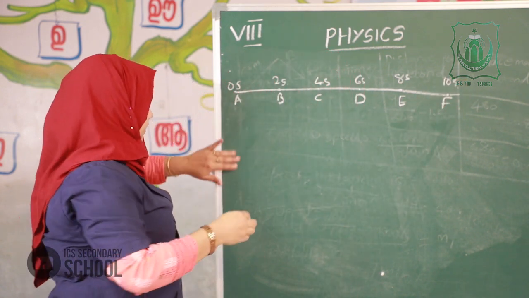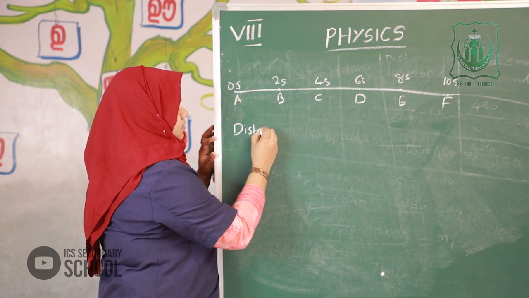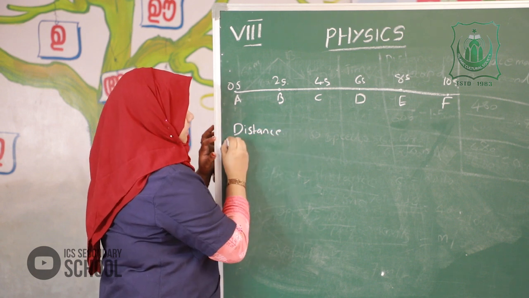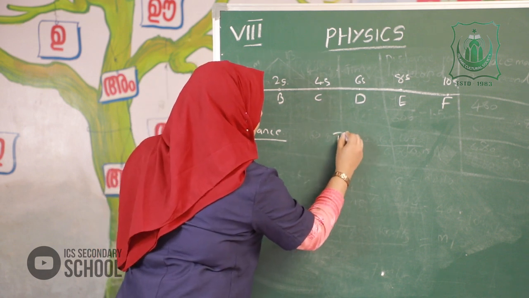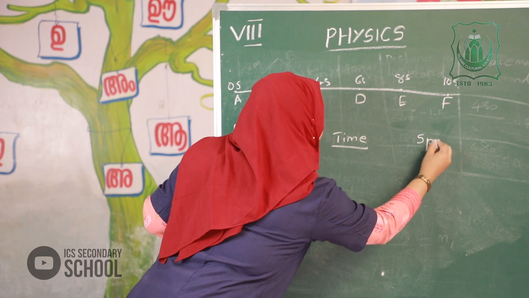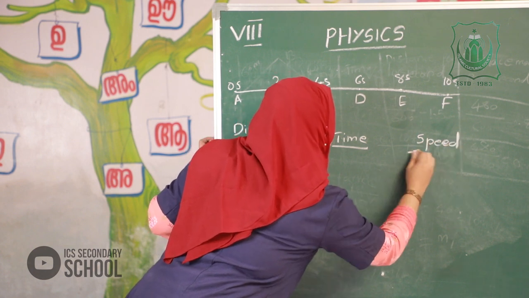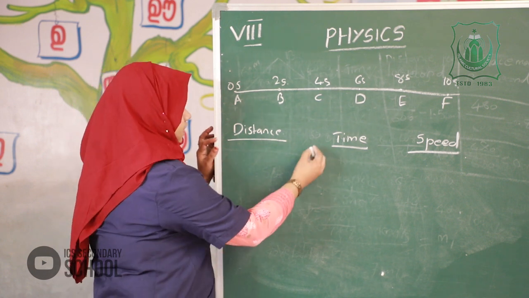Here is the given distance travelled, the time, and the speed. We want to complete this table. Your book, page 81.